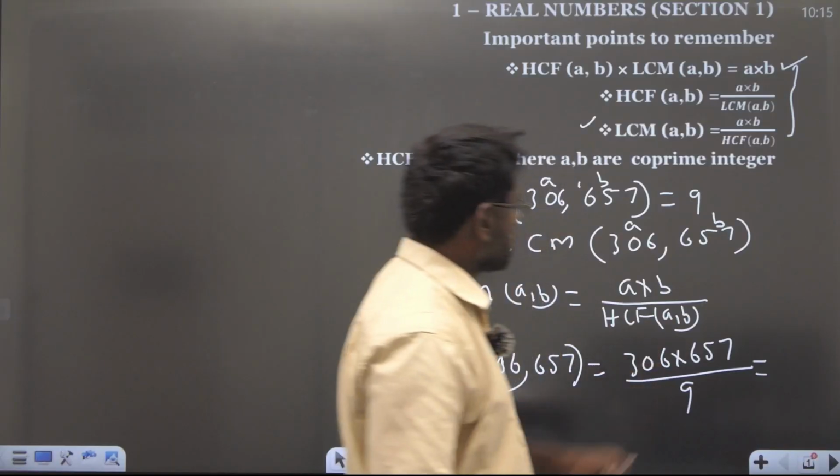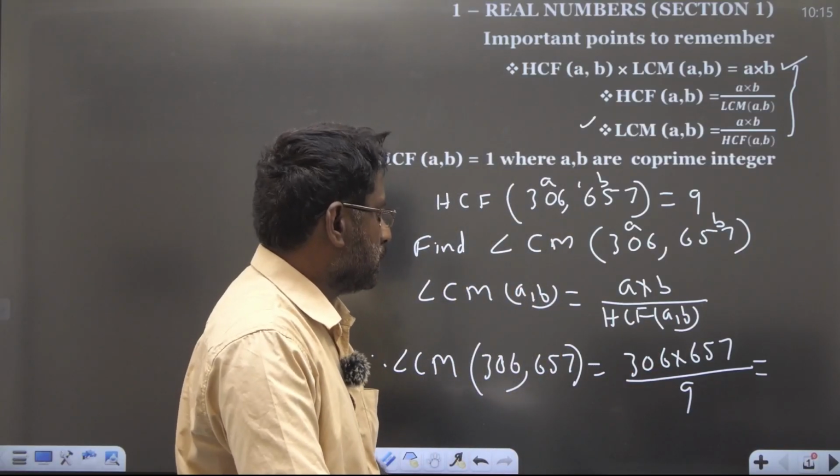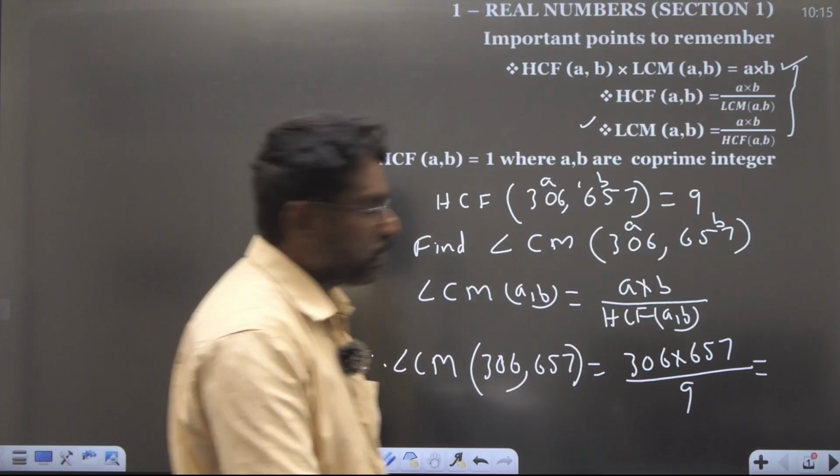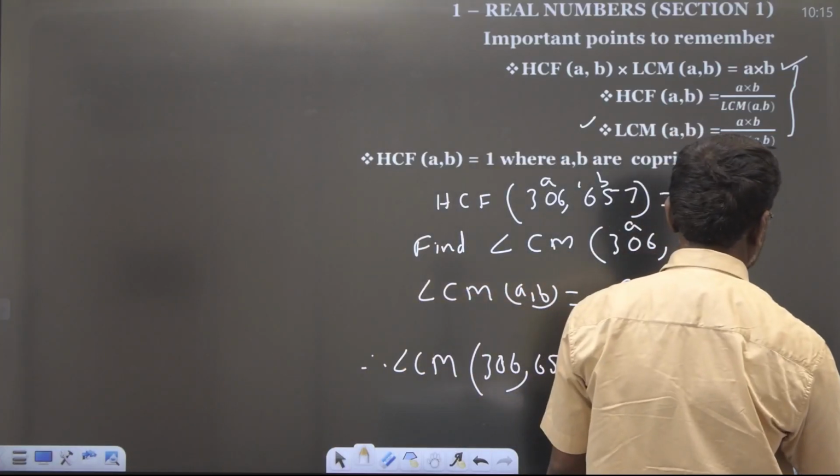We can cancel 306 with 9. What is 9 in 306? That is 34 times.